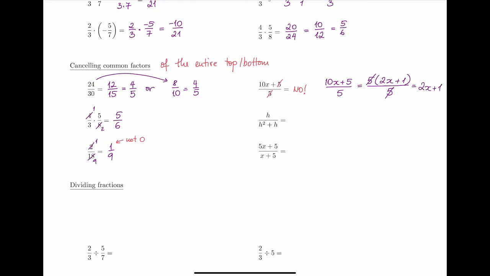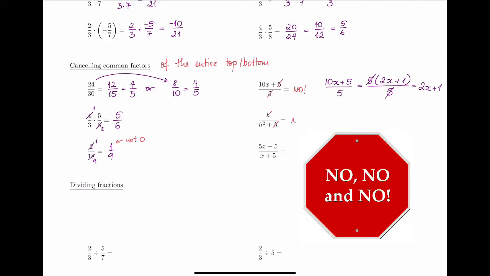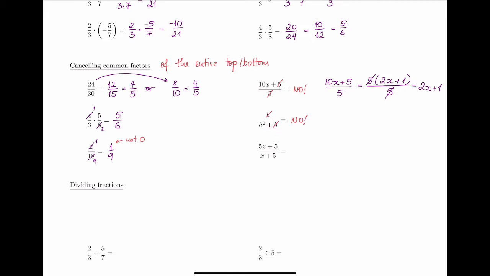Okay? Similarly, in the next question here, h over h squared plus h. I cannot simply cross out these two h's because then I'm crossing out something that is not a factor of the bottom. Okay, so in order for me to perform anything here, I can try to factor out the h from the bottom and then see if I can cancel anything out that's in common.